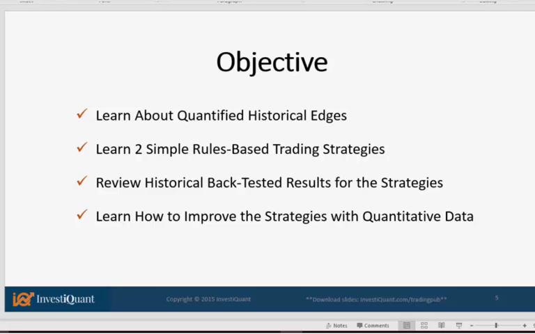I'm going to talk about two simple swing trading strategies. And I will share those strategies with you, and on their own, they're pretty good strategies, actually. But I'm also going to show you how to improve those strategies. So we'll look at the strategies, I'll show you results on them, and then I'll show you how you can improve them using some quantified data that we have available at InvestiQuant.